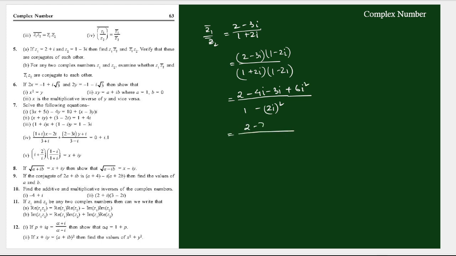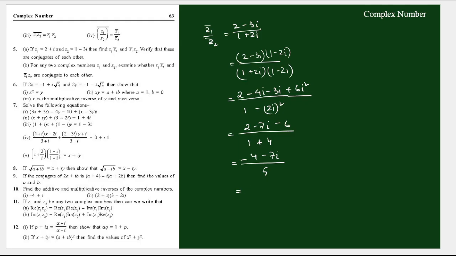So 2 minus 7i, we can directly write minus 6. 2 square is how much? 4. i square is minus 1. Minus 1 into minus, plus. So 2 minus 6 is minus 4 minus 7i by 5.